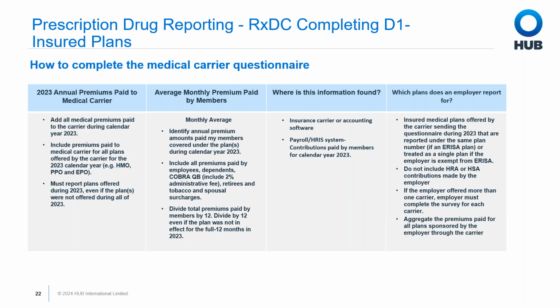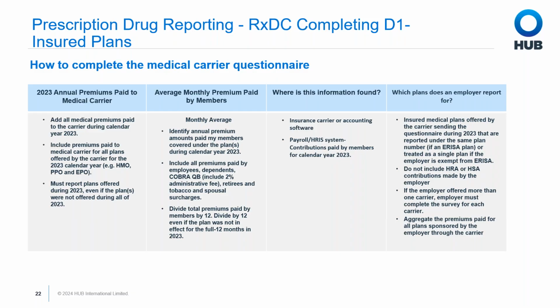Active employees and their dependents, COBRA qualified beneficiaries, including the 2% administrative fee, retirees if they are commingled with your active plan, and you also include any type of wellness incentives like a tobacco surcharge, smoker, non-smoker rates, and any spousal surcharges if you require employees who have a spouse that has access to other coverage to pay a higher premium. You will include the entire cost paid for by members covered under your plan in 2023.